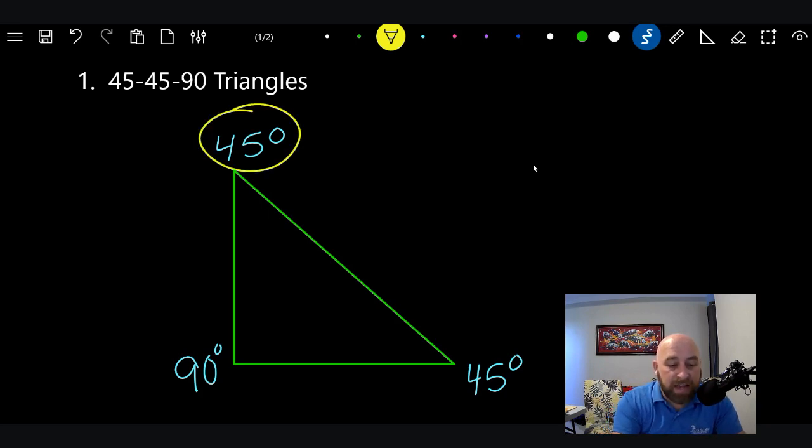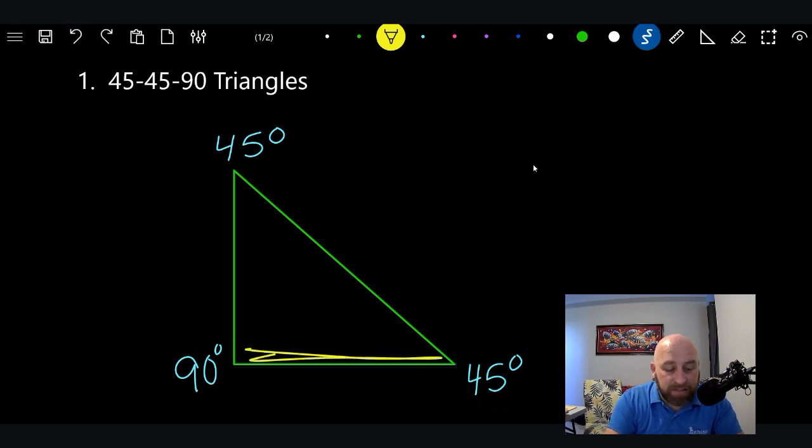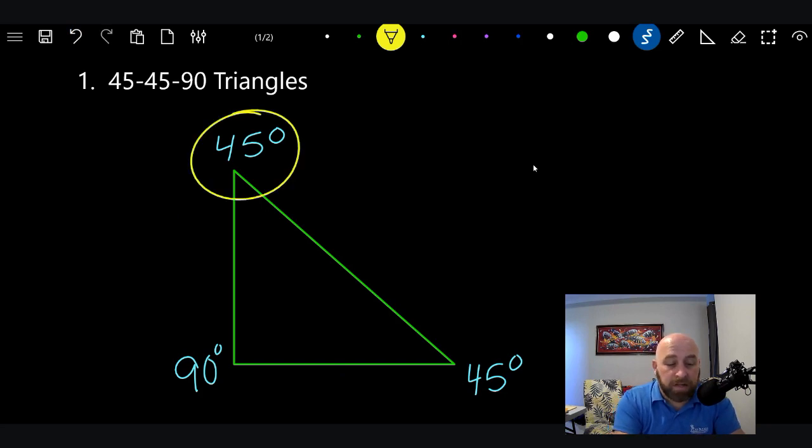Because these angles are equal, it makes these sides, or these legs, also equal. Let's just throw a random number out there. Let's say this is 5, then this is 5. It has to be, because it's a 45, 45. Because these angles are equal, these things cannot change.